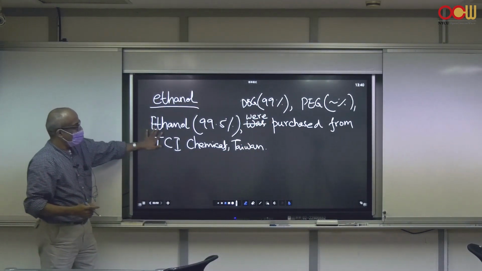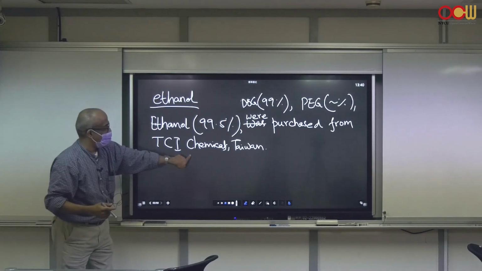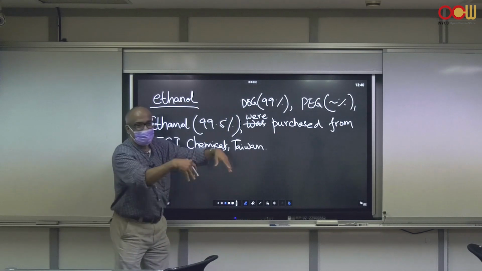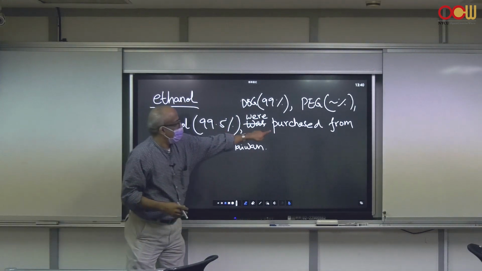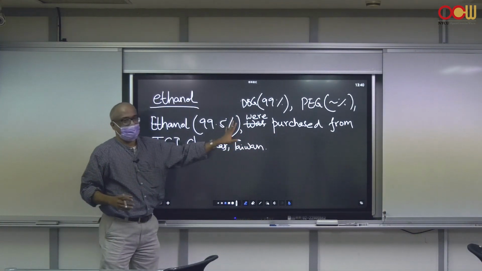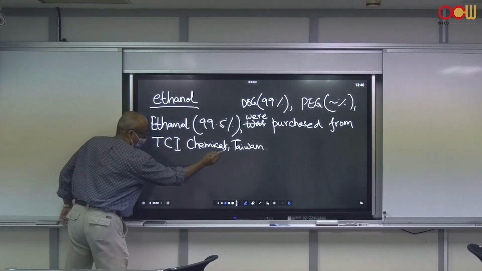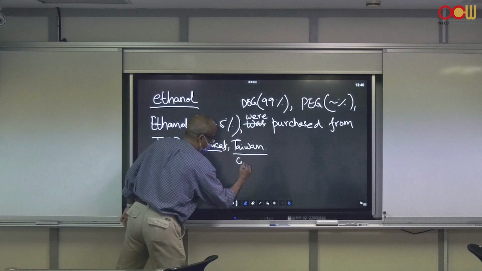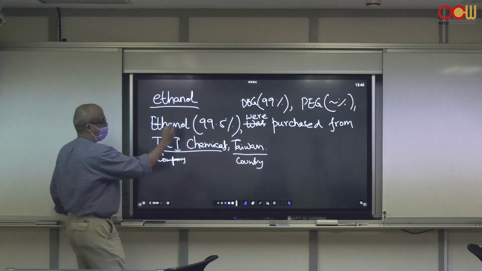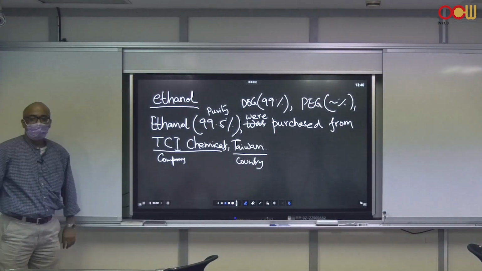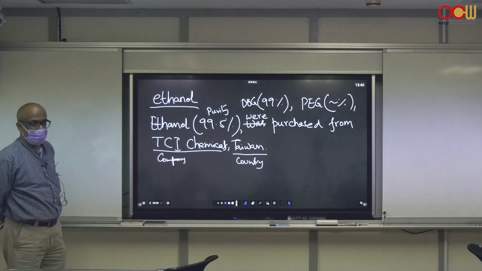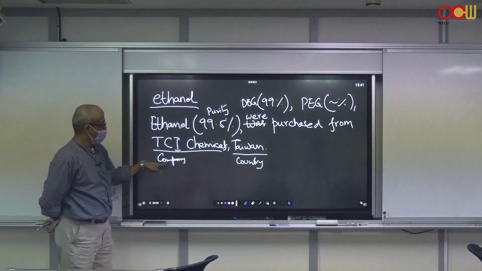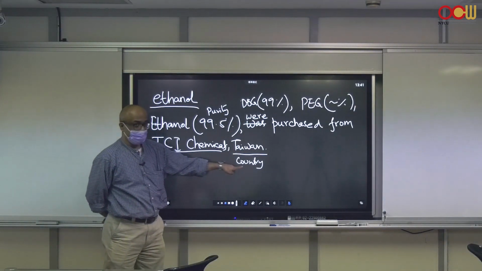So if you buy more materials from the same company, you say ethanol, comma, DEG, comma, PEG, comma, something, something, were purchased from TCI Chemicals Taiwan. You must know the company name. So remember this. This is the company name, and this is the country. You have to mention this, and this is the purity. So anything that you have used in your work must contain these three pieces of information: purity, company, and country.